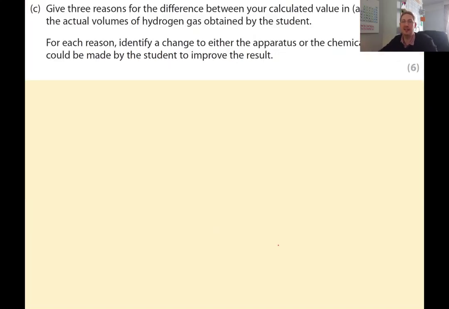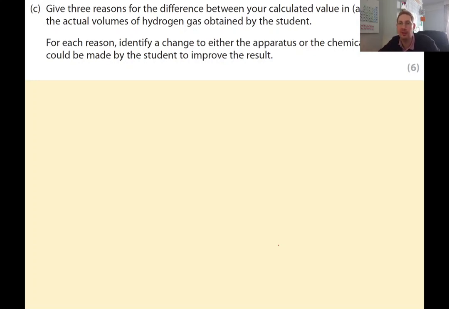Give 3 reasons for the difference between your calculated value in A and the actual volumes of hydrogen gas obtained by the student. For each reason, identify a change to either the apparatus or the chemicals that could be made by the student to improve the result. So back on your CPAC, you were asked, what were the sources of error? Not mistakes, sources of error in this experiment.